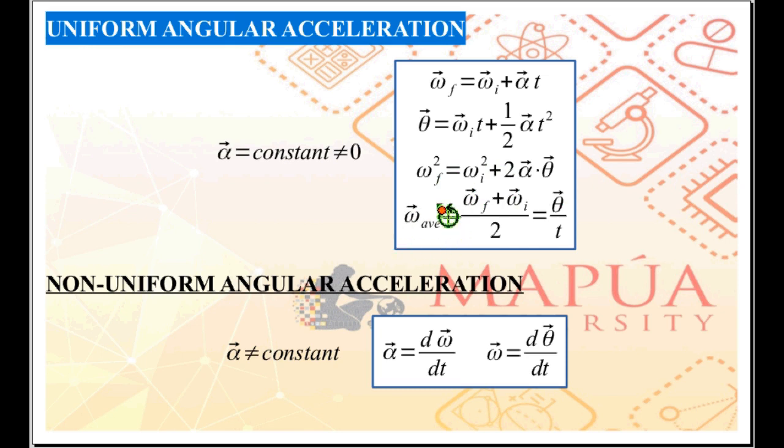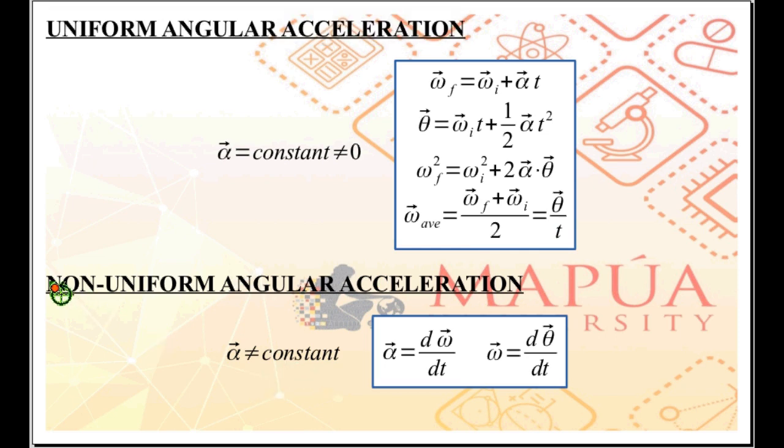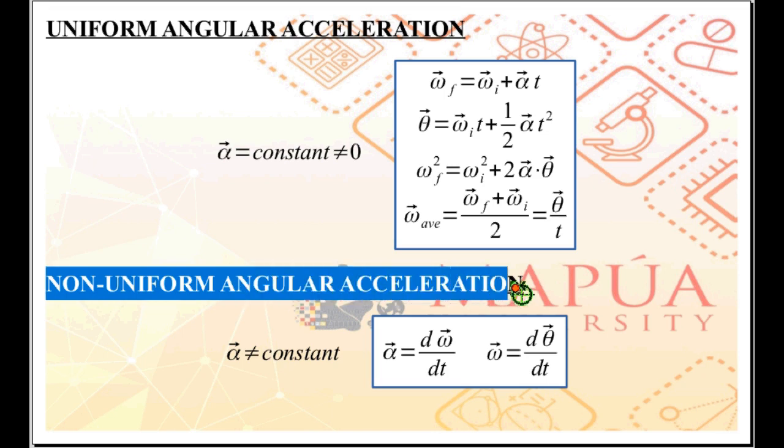And then you have average angular velocity, omega average, is equal to the average of omega final and omega initial. So omega final plus omega initial divided by 2. Omega average is also equal to theta over t. And finally, if the angular acceleration is not constant, you have non-uniform angular acceleration.